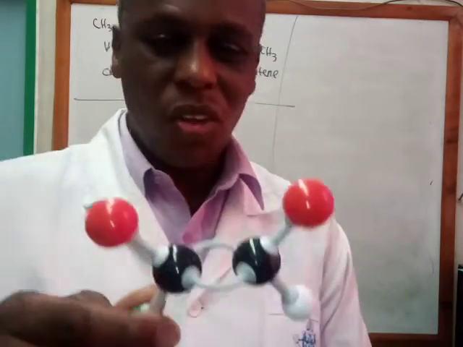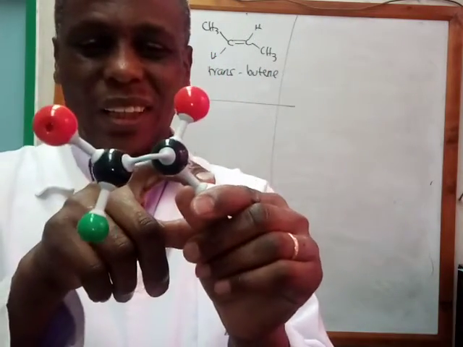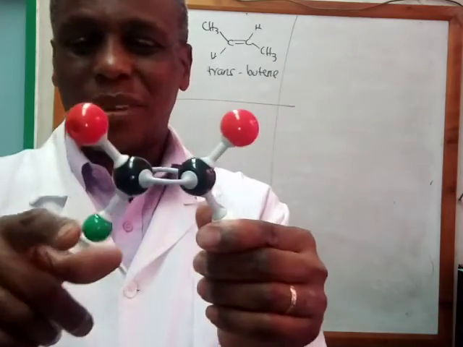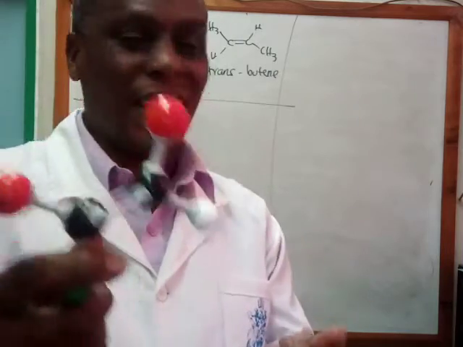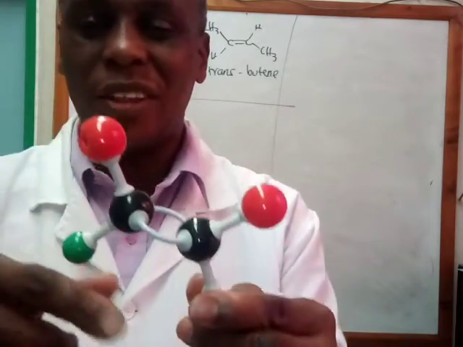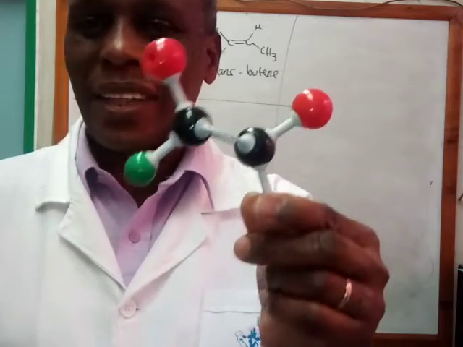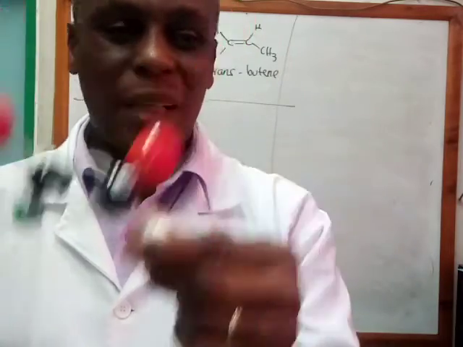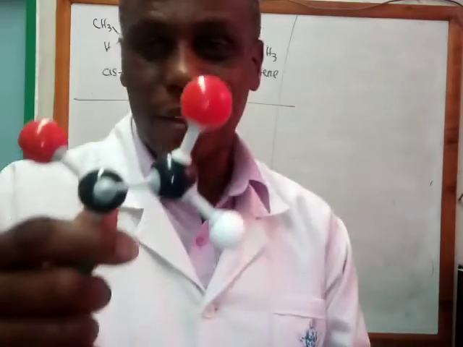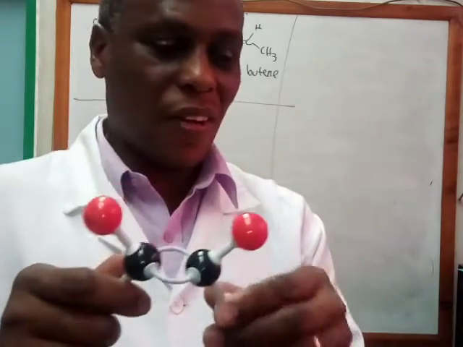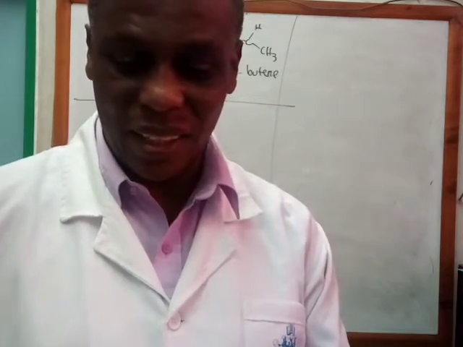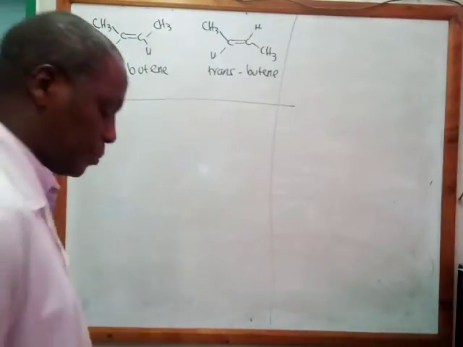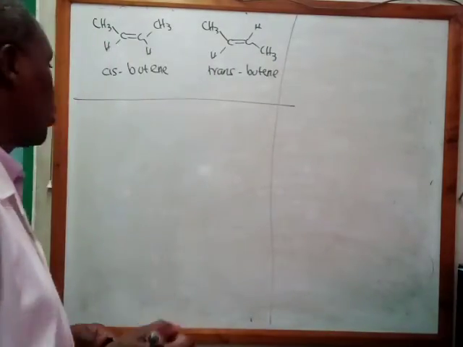Now, what are you going to call this? Are you going to say the hydrogens are on the same side of the double bond or across? In this case, it will be neither. There is only one hydrogen, or sometimes you may not have a hydrogen even on the double bond. So you need to come up with a new way of identifying that alkene, and this is what the scientists came up with, the nomenclature I'm going to talk about.